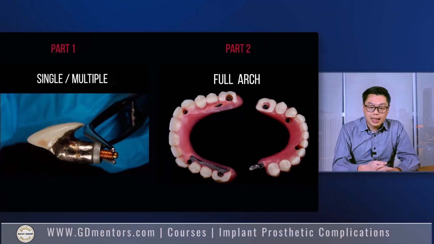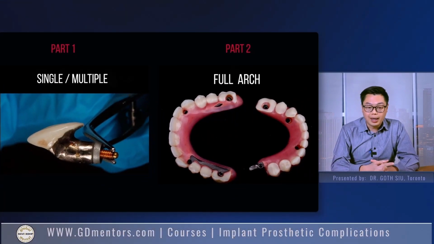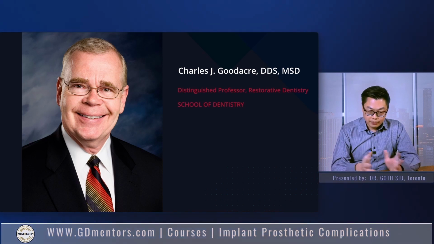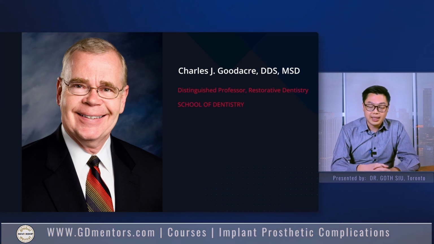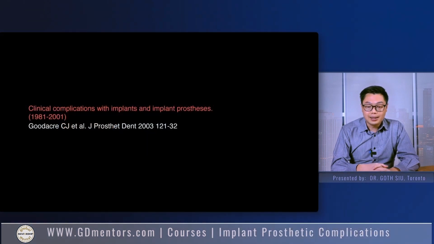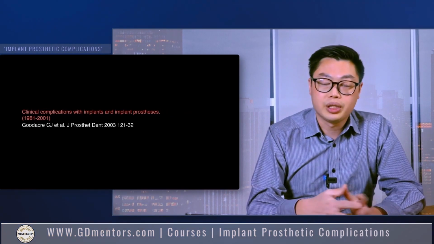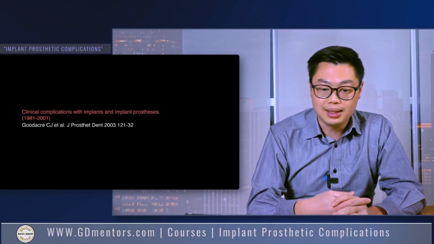I looked at a systematic review done by Charles Goodacre, a prosthodontist out in Loma Linda on the west coast of the United States. Back in 2003, they came out with an article that looked at the most common clinical complications related to implants and implant prostheses.